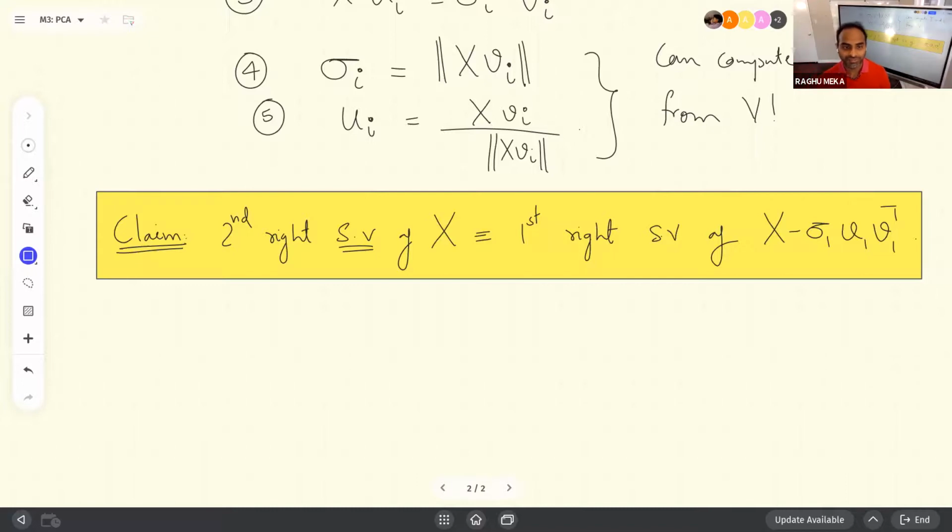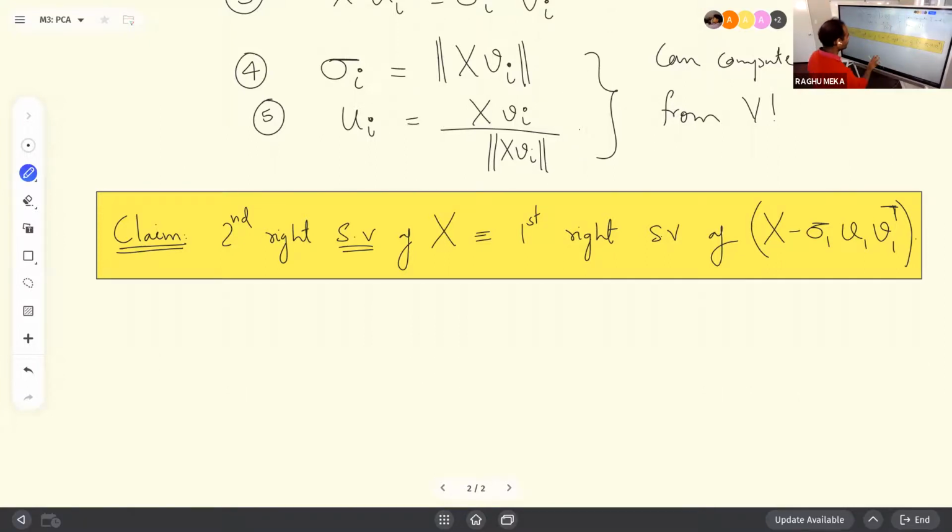So if I know the first singular vector u1 v1 of X, then to compute the second singular vector, I can once again compute the first singular vector of a different matrix, the matrix X minus sigma 1 u1 v1 transpose. So imagine someone gave you a black box, like a library call to compute the first singular vectors u1 v1 and sigma 1. Then I can iterate it to get the remaining singular vectors.